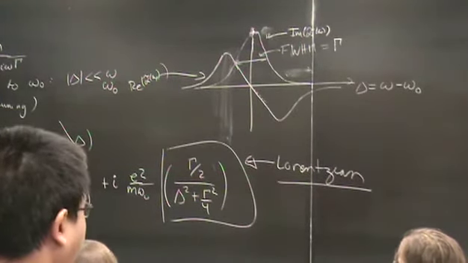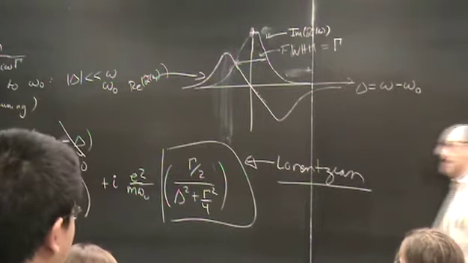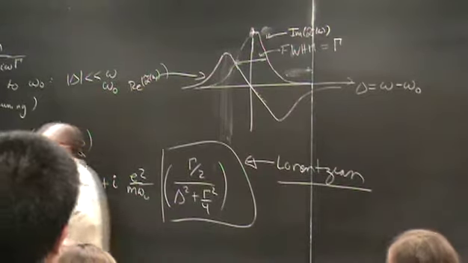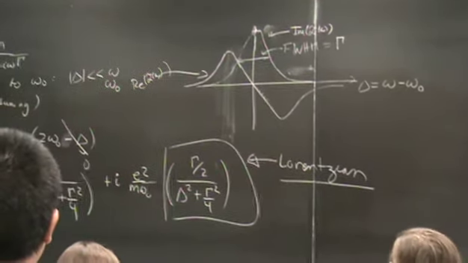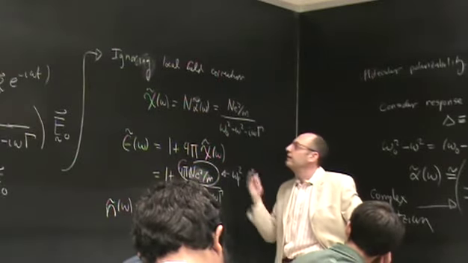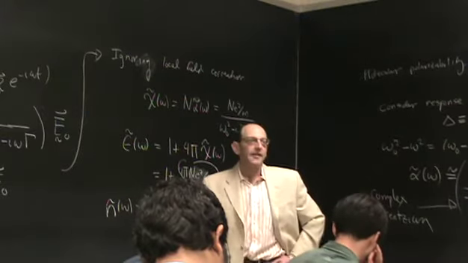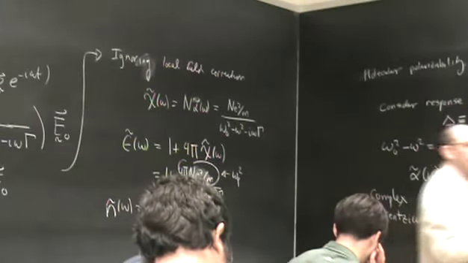All right, so the question now is, what does it mean for the polarizability to be complex? What is the physical meaning of a complex polarizability? What are the physical meanings of the real part and the imaginary part?